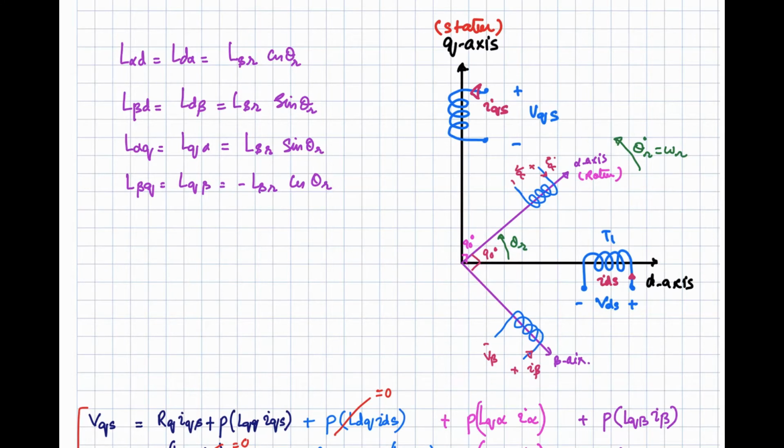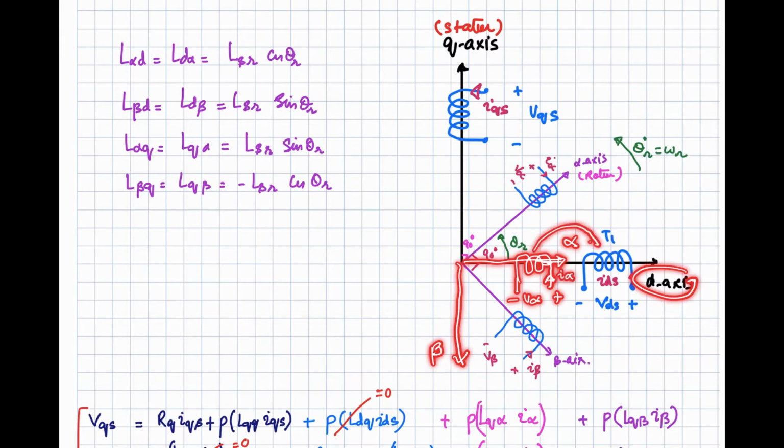So if your alpha axis is over here and the beta axis is over here, when the alpha axis is aligned with the d axis, you will have the alpha axis winding over here, with v alpha and I alpha. So the whole of this flux will link with the flux of the d axis winding, so the alpha and d axis flux linkage will be maximum.